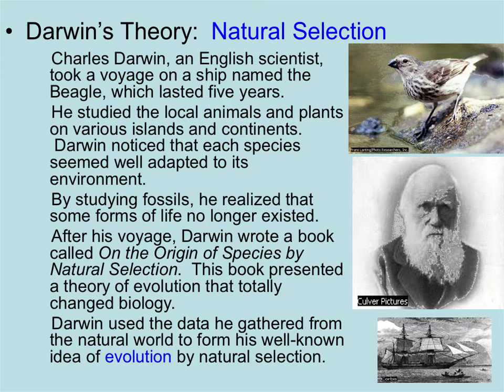So that is why he is considered the father of evolution, because he has great evidence for the theory of evolution by natural selection. Okay, and so looking at the title of his book, On the Origin of Species by Natural Selection, he goes into creation and where species must have originated from in his mind.